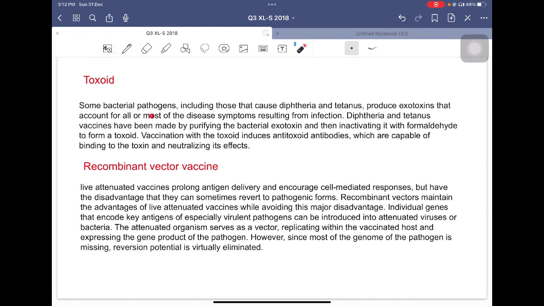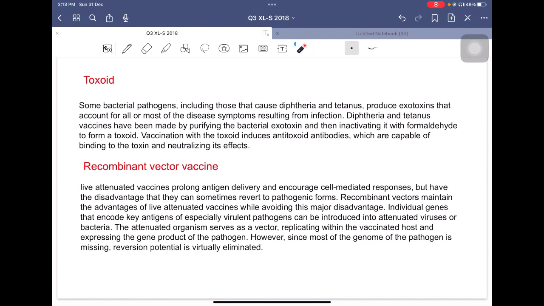Toxoids are derived from bacterial pathogens, for example the bacteria that cause diphtheria and tetanus. Diphtheria is Corynebacterium diphtheriae, and tetanus also. These bacterial pathogens produce exotoxins that cause the disease symptoms.